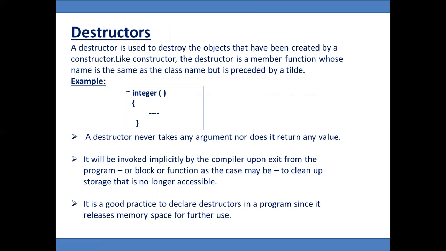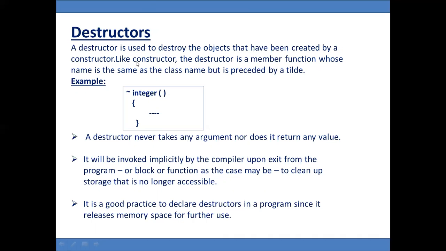Next topic is destructors. Already you have created a constructor, which allocates the objects. Destructor means destroy the object. That means release or delete the object in the memory location. A destructor is used to destroy or delete the objects that have been created by a constructor.